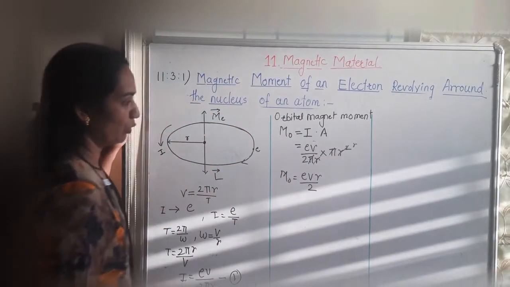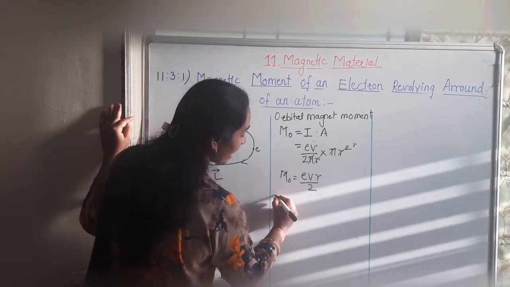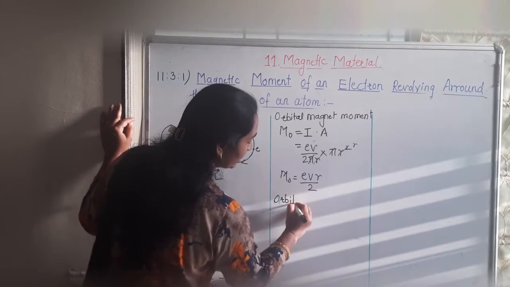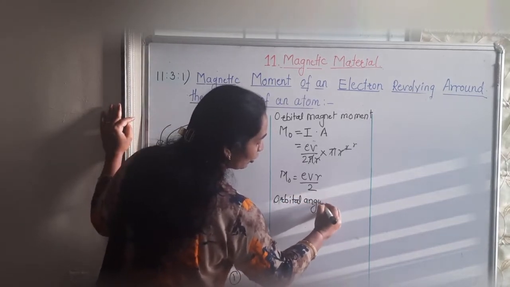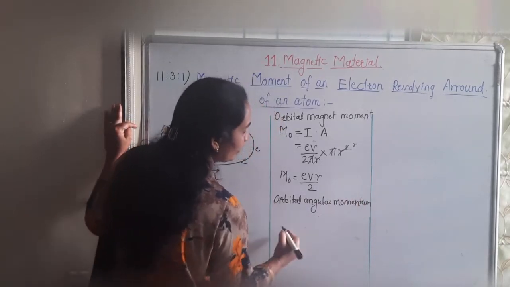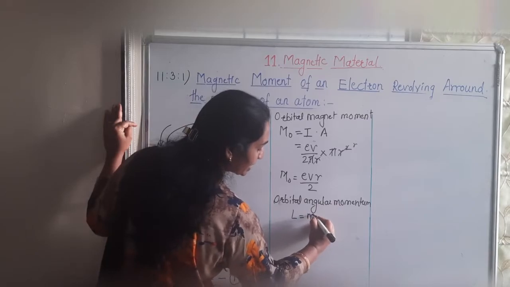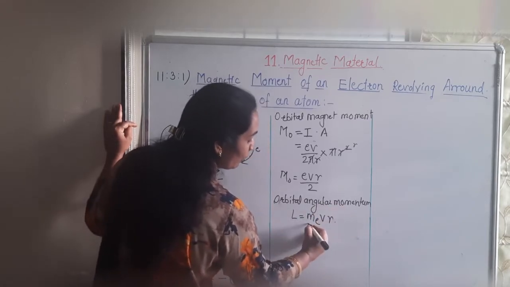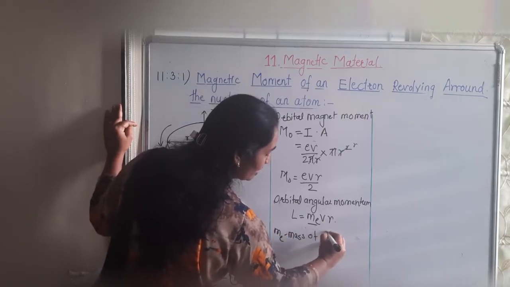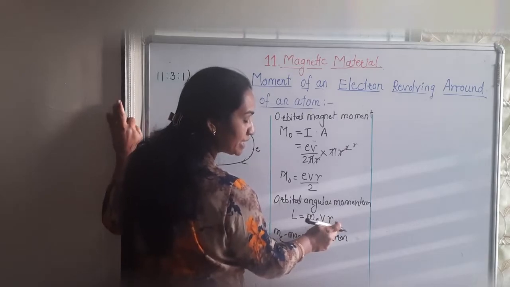This electron also has orbital angular momentum, whose symbol is L. By definition, the orbital angular momentum is the product of the mass of the electron, the velocity and the radius, where mₑ means the mass of the electron, v means speed, and r means distance.